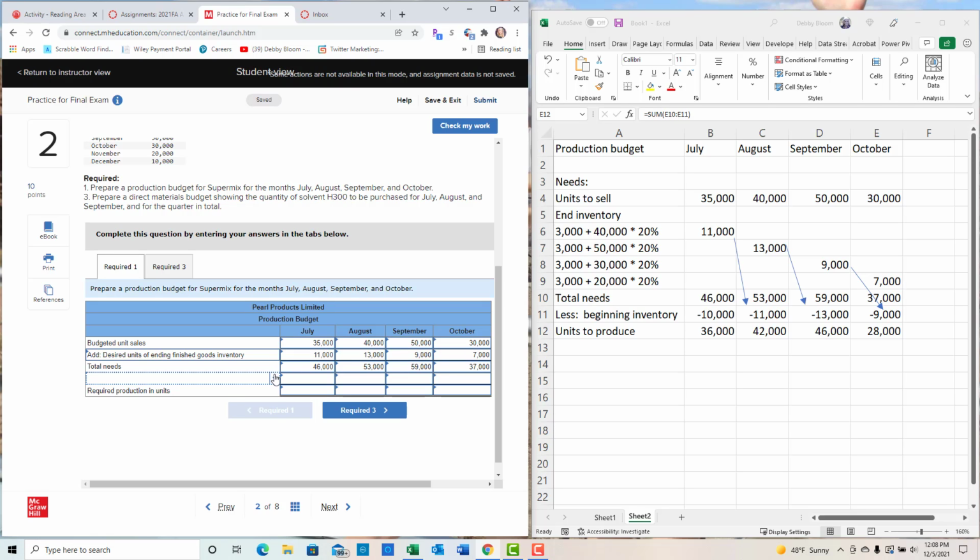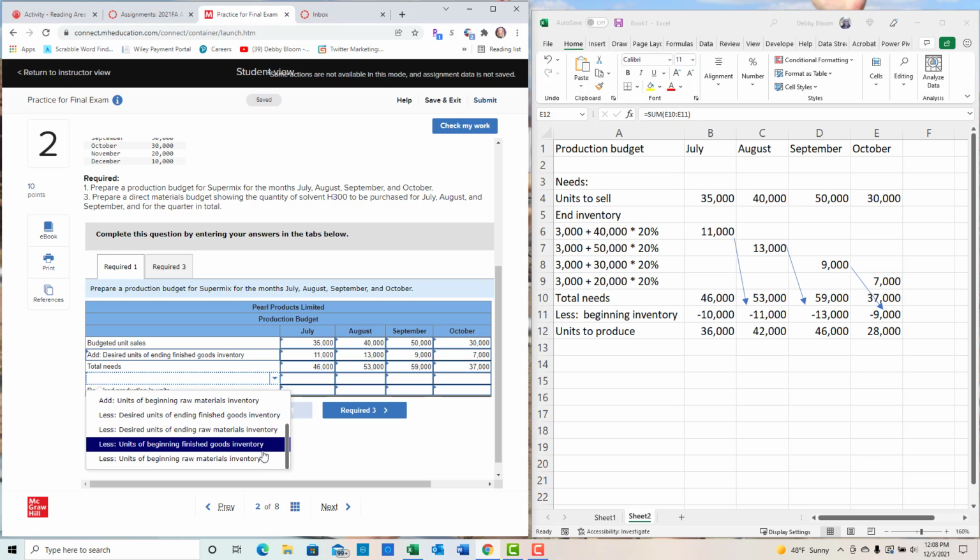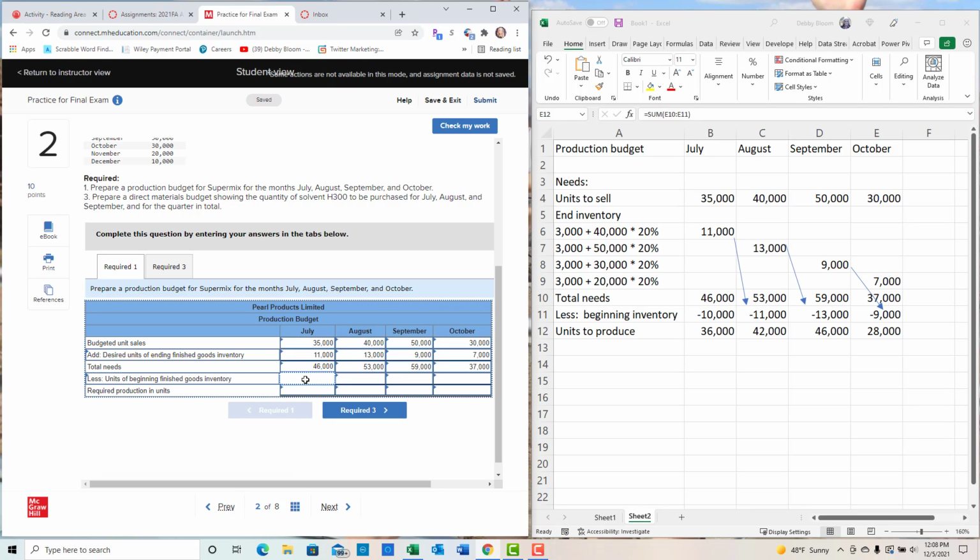Then from our total needs, we subtract the beginning inventory. So negative 10,000, negative 11,000, negative 13,000, and negative 9,000. Once we've done that, we've now calculated our required production in units: 36,000, 42,000, 46,000, and 28,000.